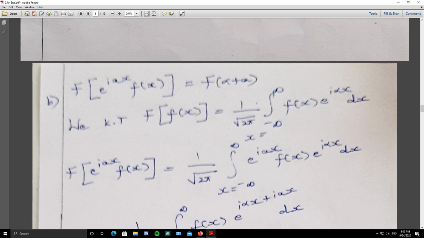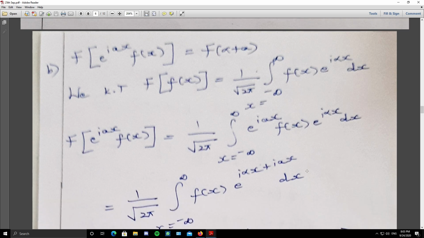Start with the definition. Fourier transform of f of x is defined as 1 by root of 2 pi integral minus infinity to infinity f of x e power i alpha x dx. So in place of f of x, you have e power iax f of x. So 1 by root of 2 pi integral minus infinity to infinity e power iax f of x e power i alpha x dx.